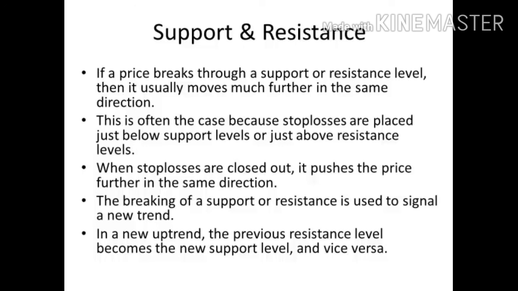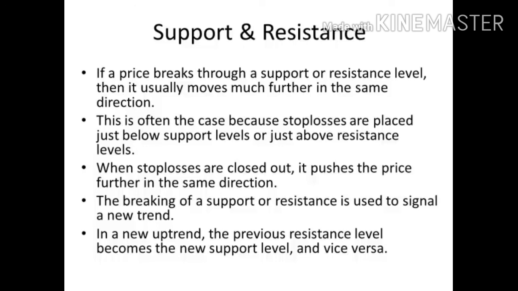Now, if something happens such that the price is strong enough to break through that support level, you will now all of a sudden get a large group of investors which have stop losses on their buy positions, meaning they're having to sell to close out those positions. And that act of a large number of traders selling just below the support level to close out stops will lead to the price falling even further. And this is why when we break through a resistance or support level, we can see prices move significantly in the same direction, primarily because of where stop losses are placed.